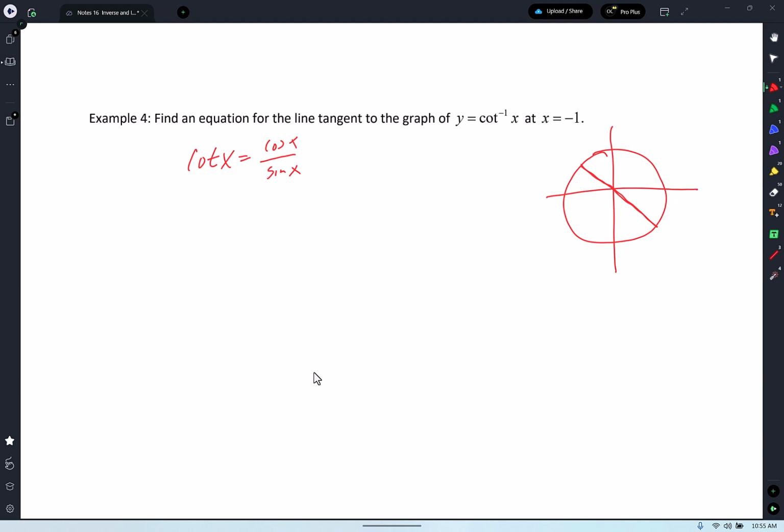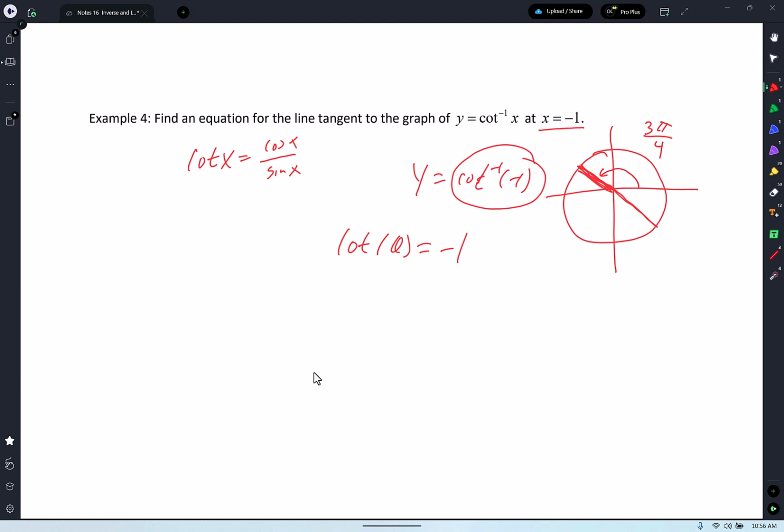Because that's what this means. It says when x is negative 1, find the equation of the tangent line. So y equals arc cotangent of negative 1. This means cotangent of what angle is negative 1, from pre-cal. Look at the one in quadrant 2. What radian is this? Yeah, 3 pi over 4.